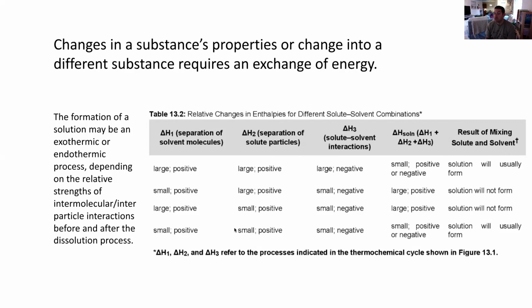Well, again, we're most likely going to get a small positive or negative number, and that solution will usually form. So solutions form when their enthalpy change is rather small. When it's too great, it's just thermodynamically not favorable, and we'll see what that phrase, thermodynamically not favorable, means in Unit 9, so you don't have to worry about it right now.